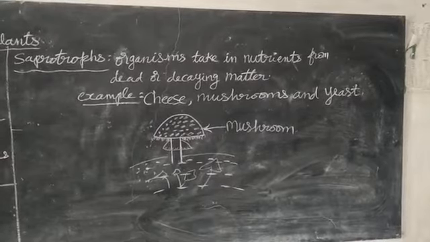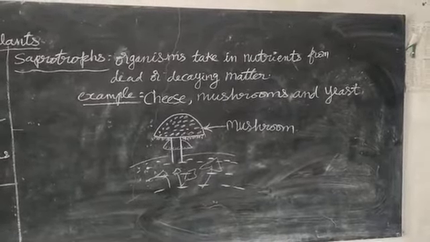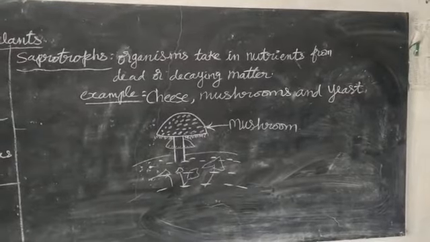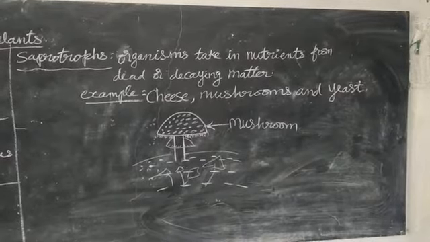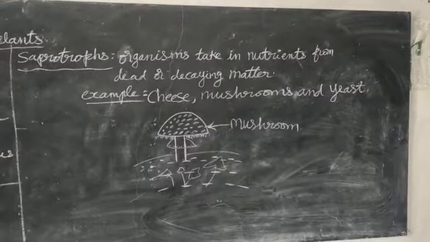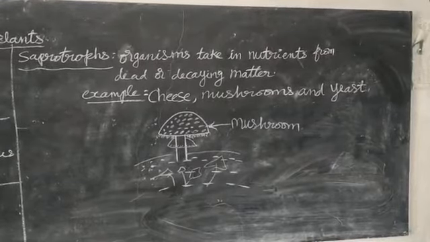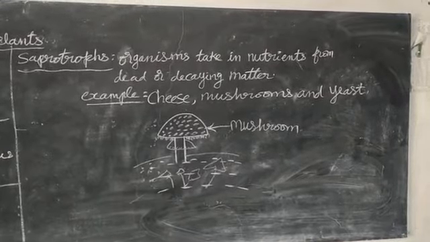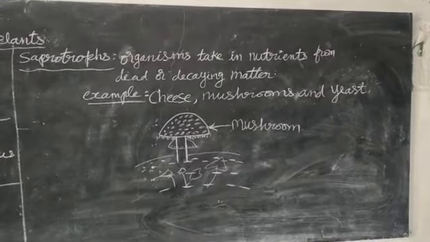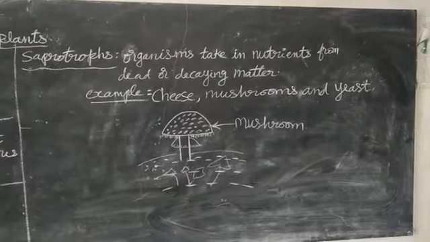These organisms grow in a moist place. They are called saprotrophs and they are also called fungi. So when you put water on the bread and leave it for 2 to 3 hours, you can see patches over the surface of the bread. They are called fungi. They are also living organisms.